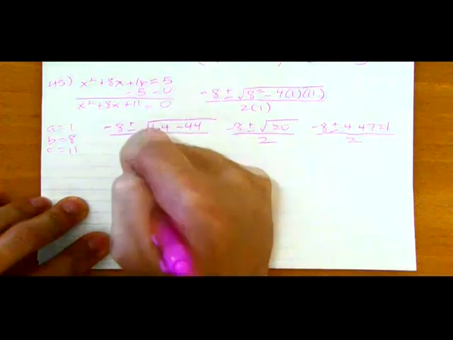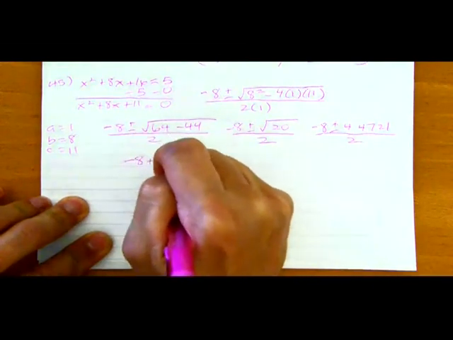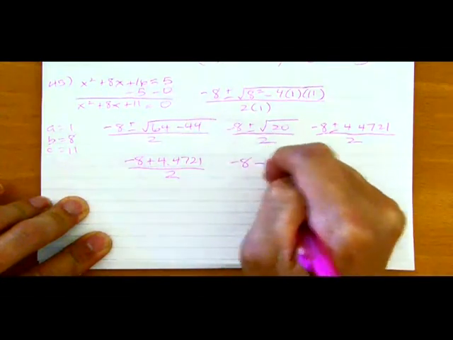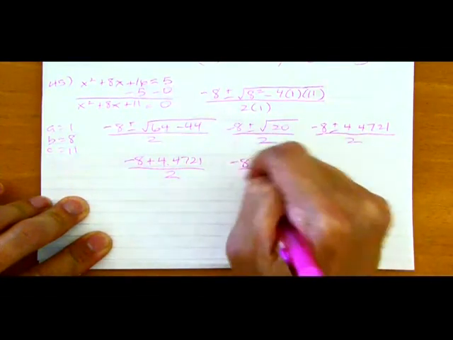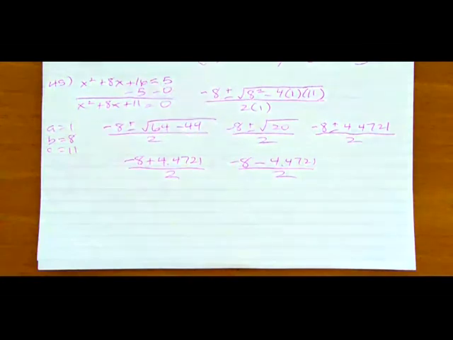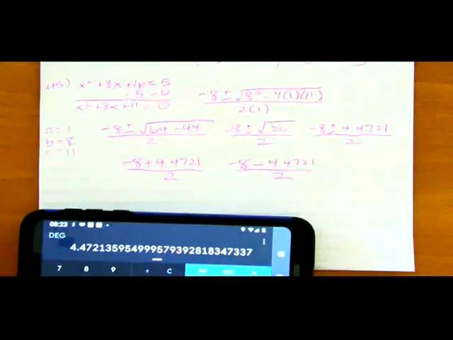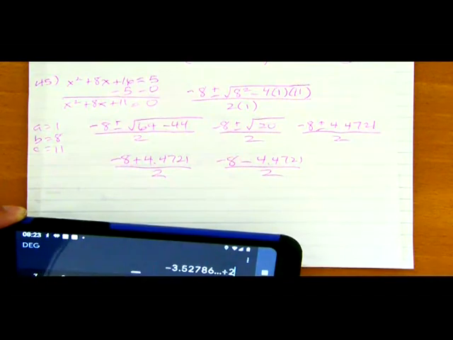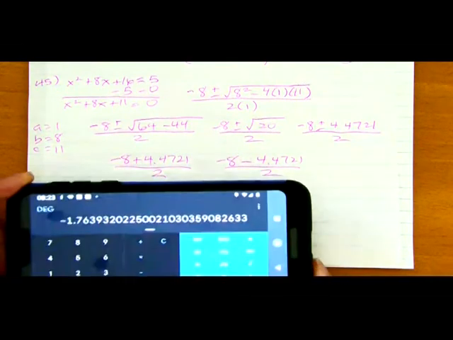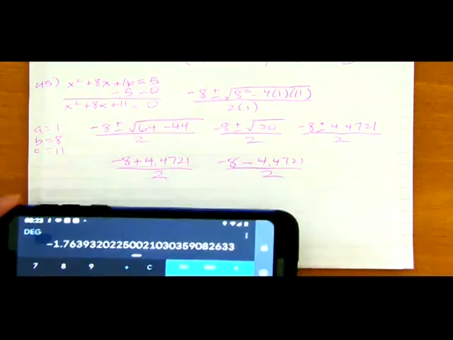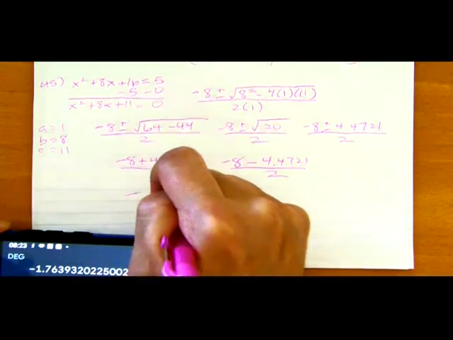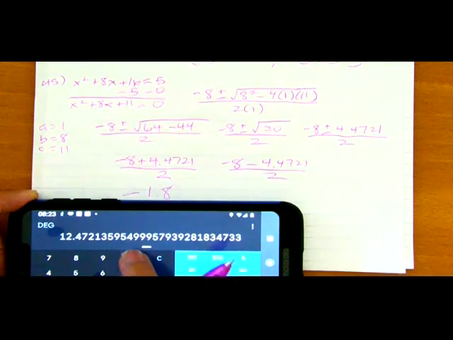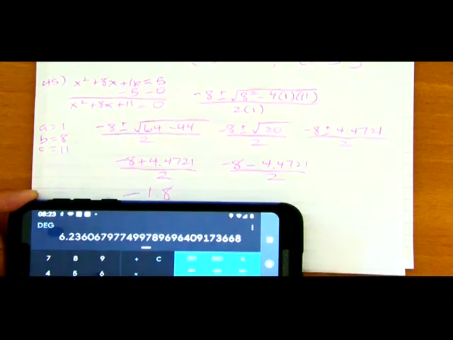So I'll split it up. Negative 8 plus 4.4721 over 2. Negative 8 minus 4.4721 over 2. Okay, and we'll solve each one separate. Negative 8 plus 4.4721 divided by 2, negative 1.8. Negative 6.2.